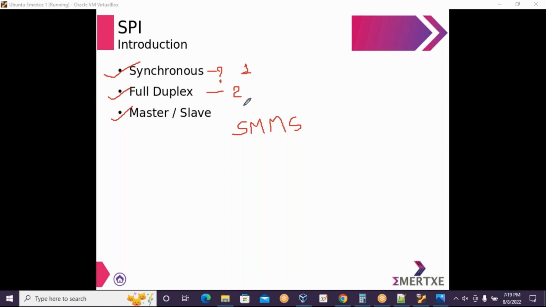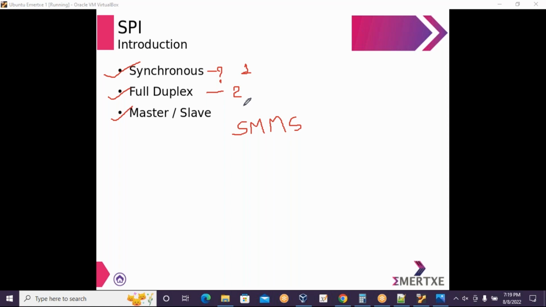Now I just said there is a single master who can communicate with multiple slaves. Do you think there is a need for any other line apart from the two data lines and one clock line? What do you think? Come on, I'm saying the master can communicate with multiple slaves. So don't you think there has to be a line where a master can select a particular slave?